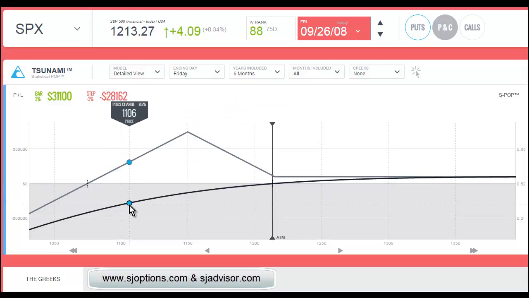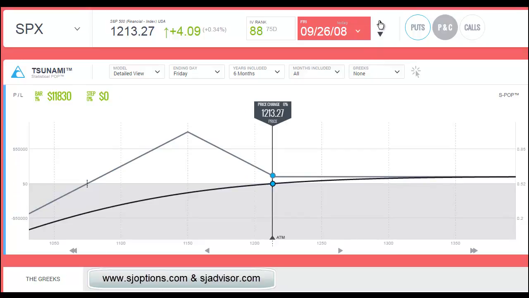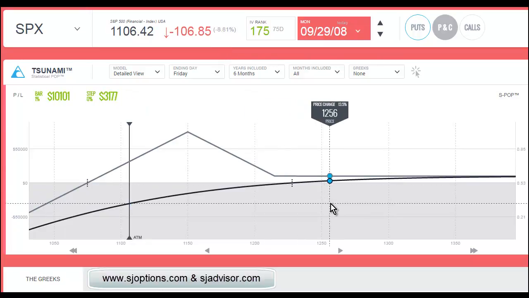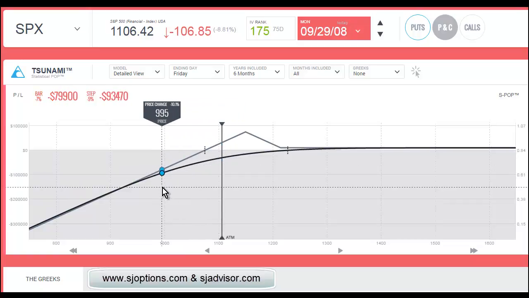So the margin there again is 34,000, and then we'll advance 1 day, and then it's a really big day down, and the SPX dropped over 8%, and then you go down 10 more percent, and now you can see the margin is 92,000. So the margin basically tripled overnight.